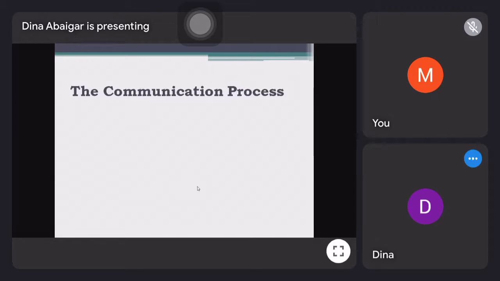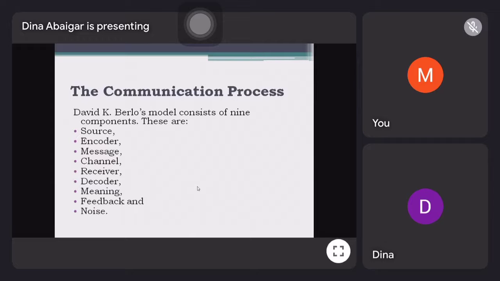The communication process. David Berlo's model consists of nine components. These are source, encoder, message, channel, receiver, decoder, meaning, feedback, and noise. The source is the sender or the communicator.